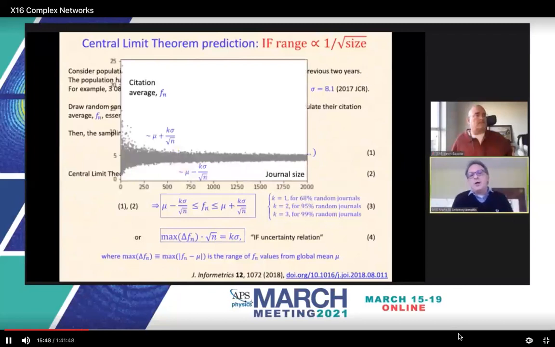Here I show a case where I've randomly chosen journals from the physics condensed matter data set, and you see that for small sizes, impact factor citation averages can be very high, and they go down as the sample size increases, following the exact law predicted by the central limit theorem.